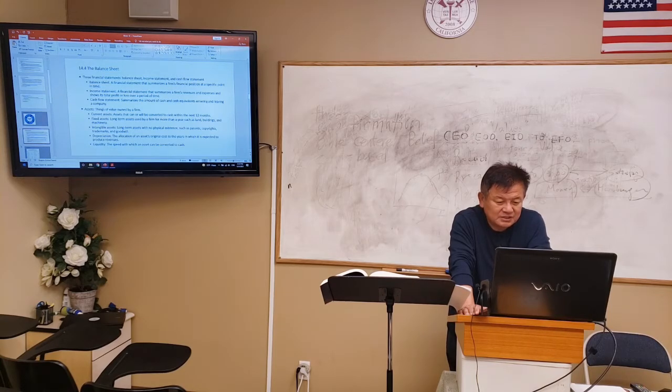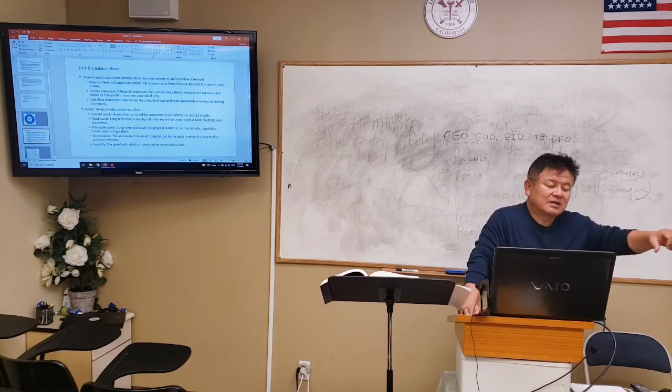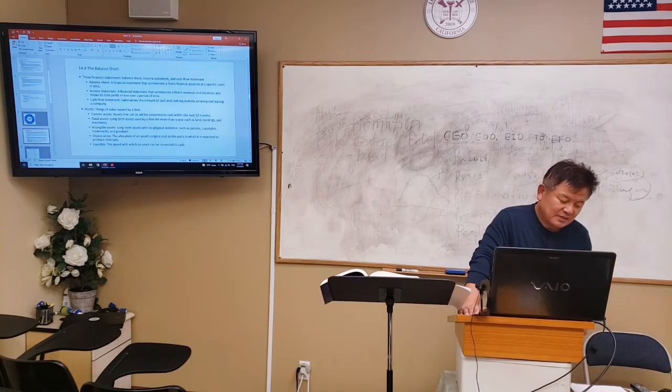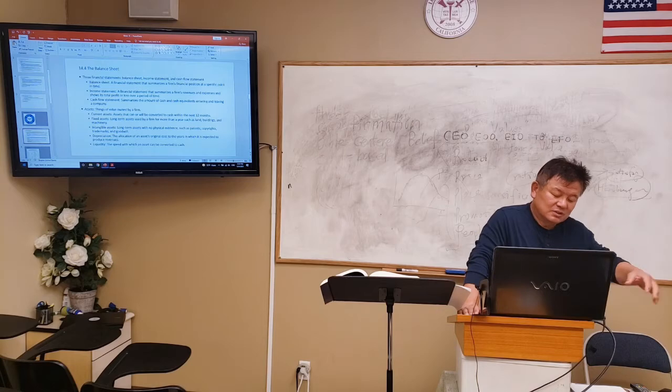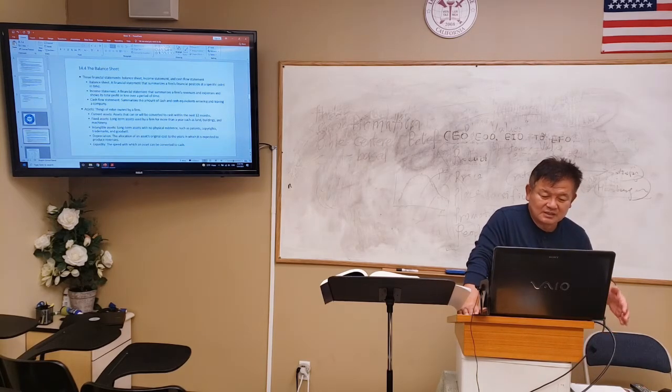Depreciation is the allocation of an asset's original cost to the years in which it is expected to produce revenue. It means if you lease a car and you are using it, or you lease machinery or a printer, then it depreciates every year.